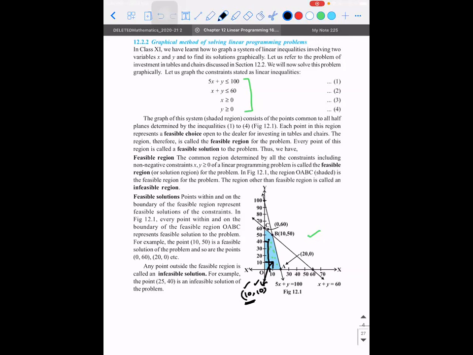You take any value and substitute it, the sum of those tables and chairs will definitely be less than 50,000, and he can definitely occupy those number of tables and chairs in the room that he has. Okay, and this region has a technical name called a feasible region.